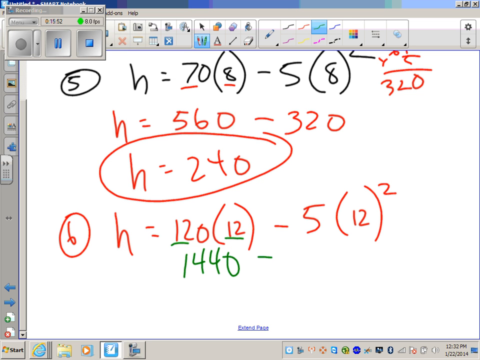Minus 12 times 12 is 144 times 5. You're saying 720. So 1440 minus 720 is 720.